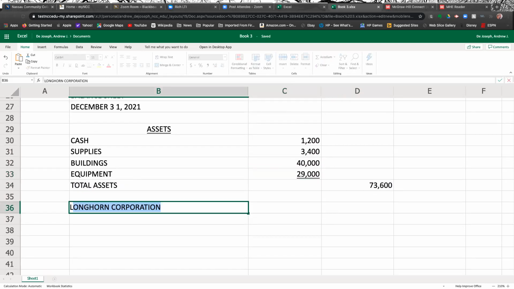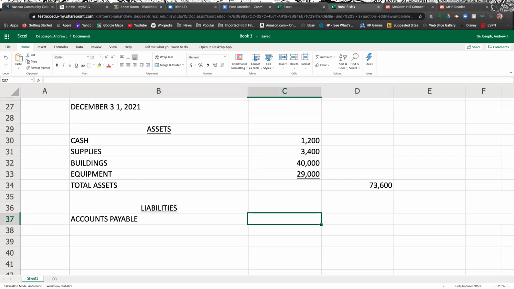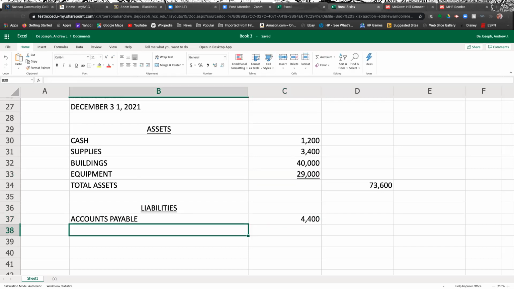All right, now I'm going to list the liabilities. And for the liabilities, I'm looking for the word payable. So do I have anything with the word payable? I see accounts payable. Accounts payable 4,400. I see salaries payable.